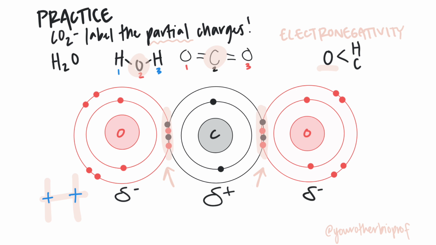Electropositive means less electronegative. That's going to be the less attractive one for electrons. So you can see CO2, got the carbon first. H2O, we've got the hydrogens first. Those are our less electronegative, more electropositive elements. Those are the ones that are going to take on the partial positive charge in our polar bonds.